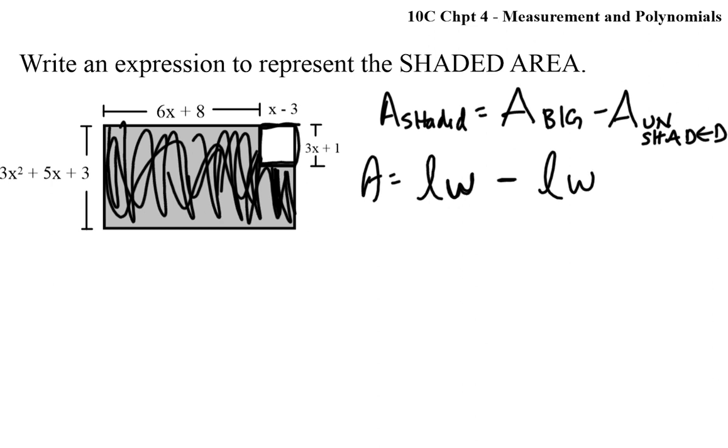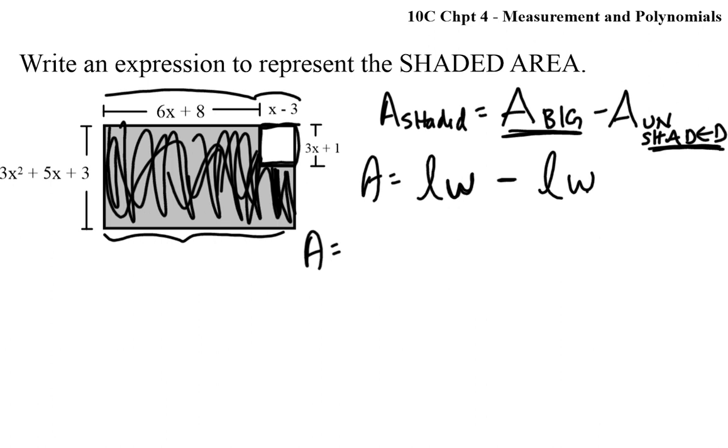So we have a big entire rectangle, and we're going to subtract the unshaded rectangle. So the big rectangle, what are its dimensions? Well, if we take a look at dimensions, all the way across is 6x plus 8 plus the x minus 3.